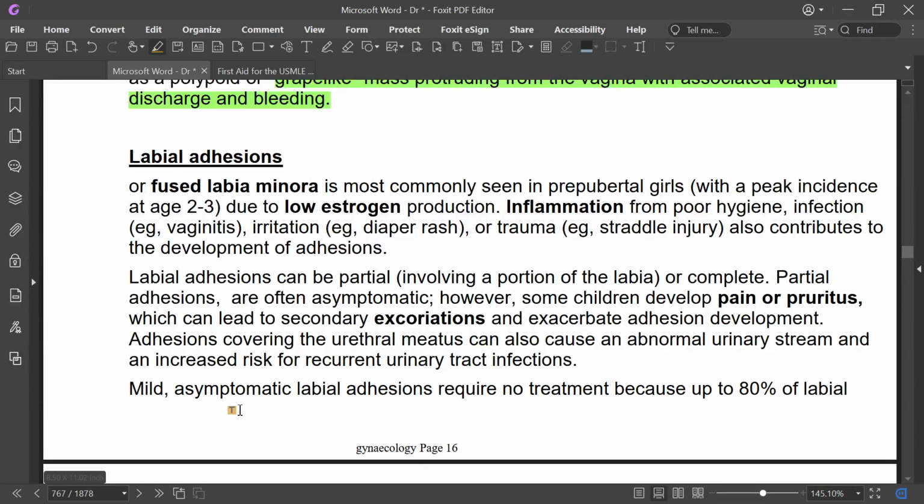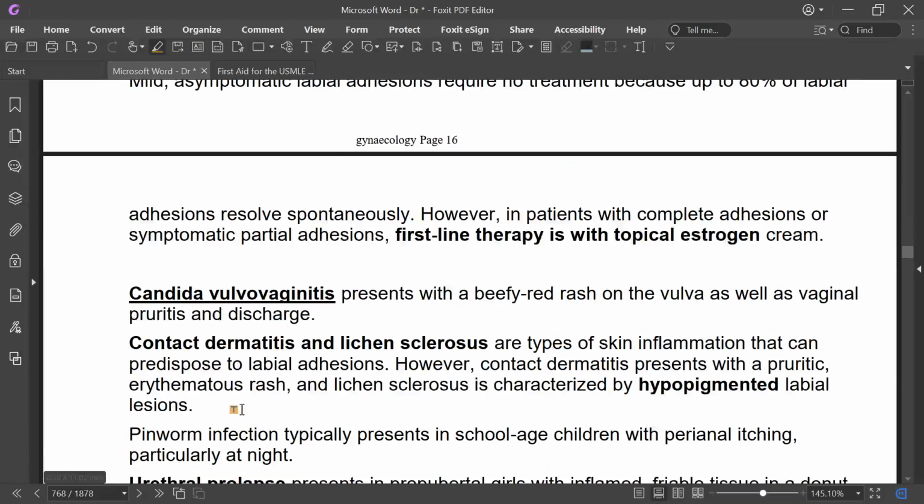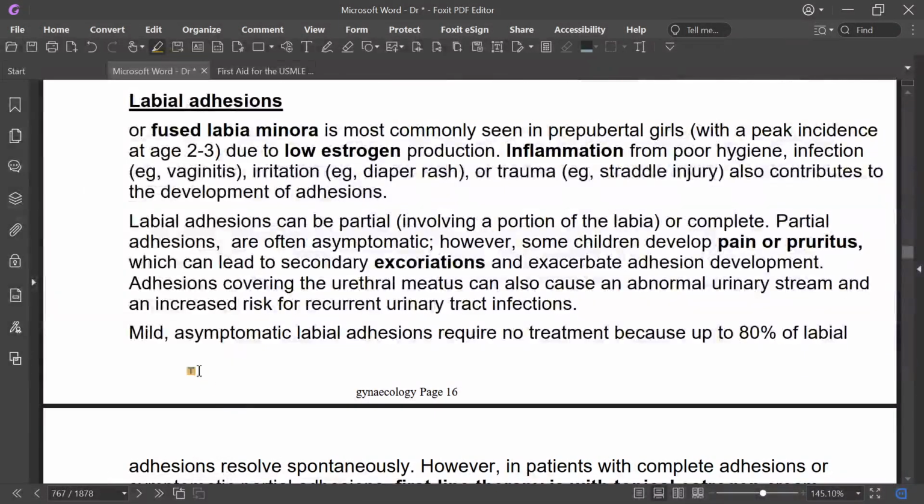Now labial adhesion. Labial adhesion, or fused labia minora, is most commonly seen in prepubertal girls. The peak incidence age is 2 to 3.